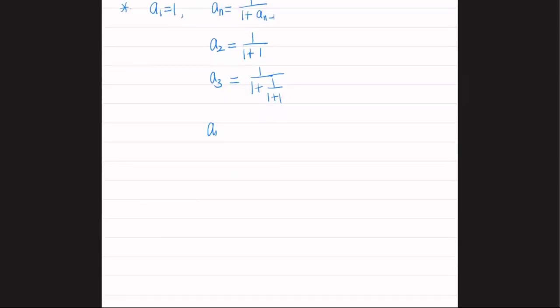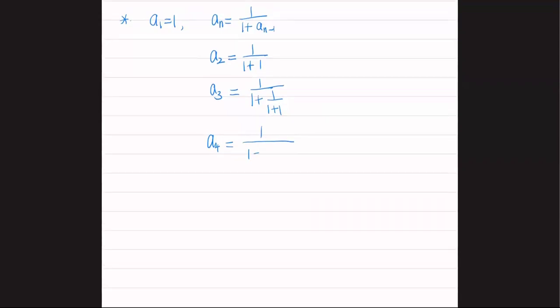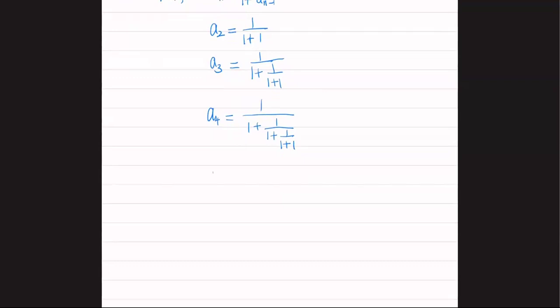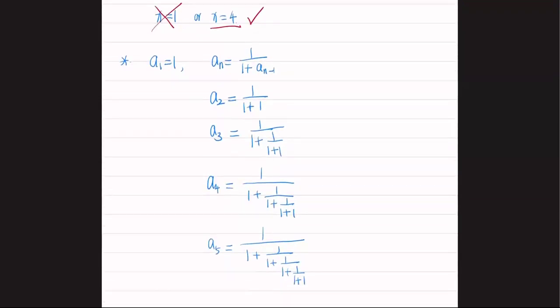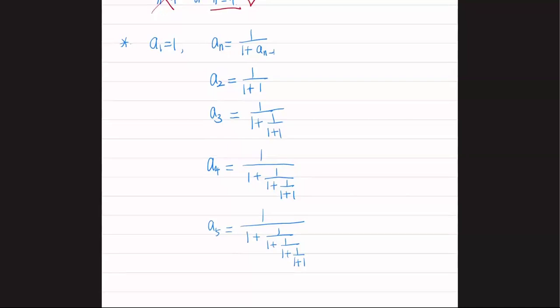Sophia, A4. 1 over 1 plus 1 over 1 plus 1 over 1. Wait, 1 plus 1. And Elisa, A5. 1 over 1 plus 1 over 1 plus 1 over 1 plus 1 over 1 plus 1. Again, it's getting more and more complicated.